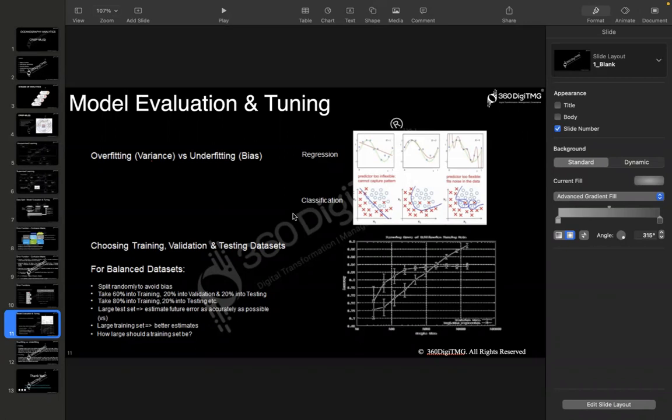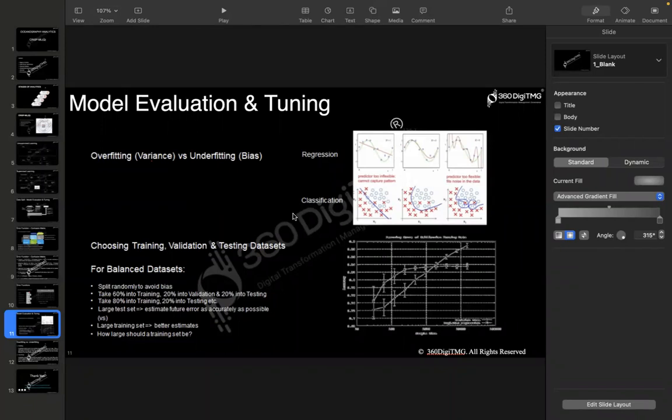We can choose the training, validation, and testing data sets. For the balanced data set, we have to split randomly, and we take 60 percent into training, 20 into validation, and the remaining 20 into testing.